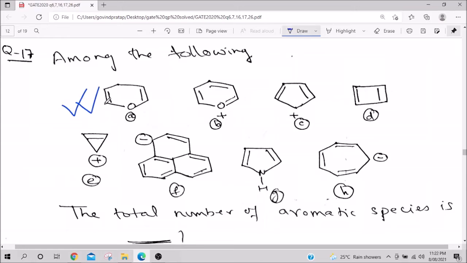This carbon has a p orbital, a pi bond is there, it has a p orbital with 1 electron. This also has a p orbital with 1 electron, this also, and this also has a p orbital with 1 electron. Oxygen does not have a p orbital, but still it may take part because it has an sp3 hybridized orbital with 2 electrons, and this orbital can overlap. Basically they have to overlap to be conjugated.